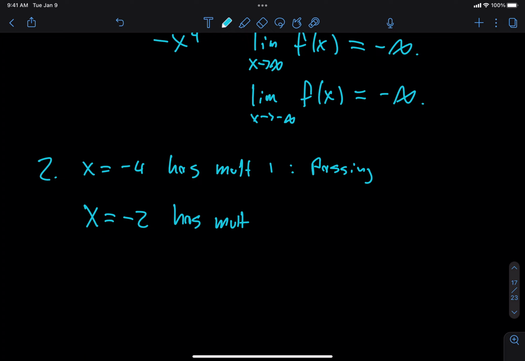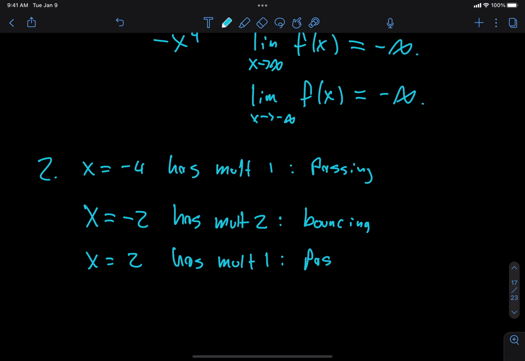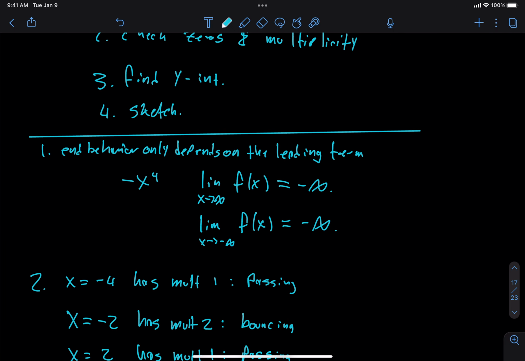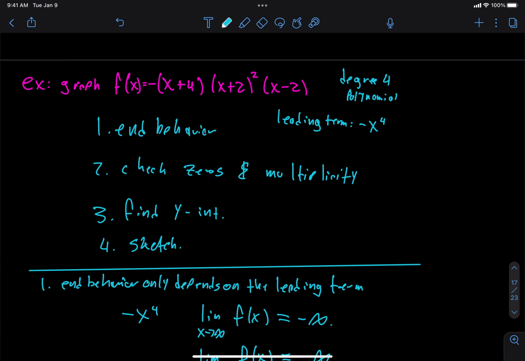So I have multiplicity 2, which means I'm going to have what? Passing or bouncing? I'm going to have bouncing. Why bouncing? Because 2 is an even number. Okay, next up, x equals 2 has multiplicity 1. And that means we're going to have passing behavior, yeah? Okay, so that's all 3 checked off.